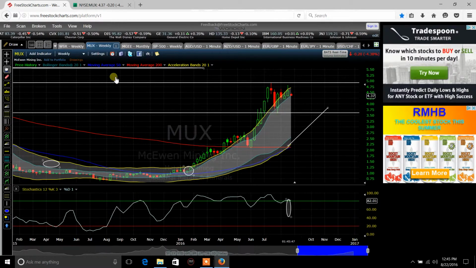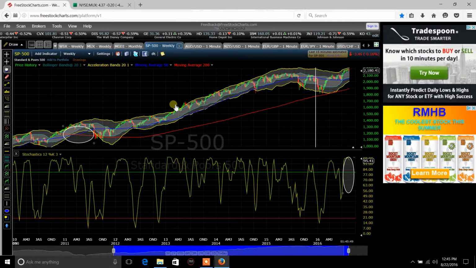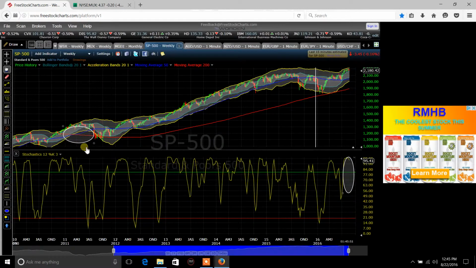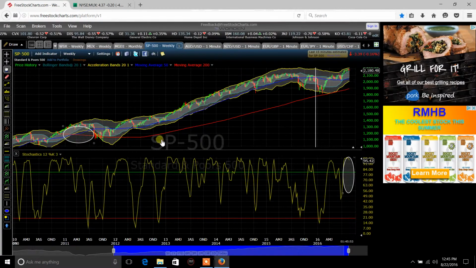Now, if you look at the S&P 500 chart, you'll notice back here I circled it on the 50-day, which is in blue, and the 200-day in red. You'll see I circled back here where they cross, and you can see that the 50-day moving average is acting as a support level for the S&P 500, and you'll notice when it crossed, look what happened.